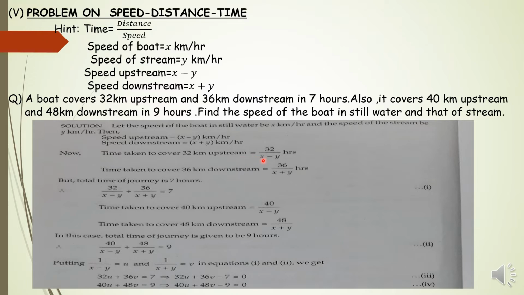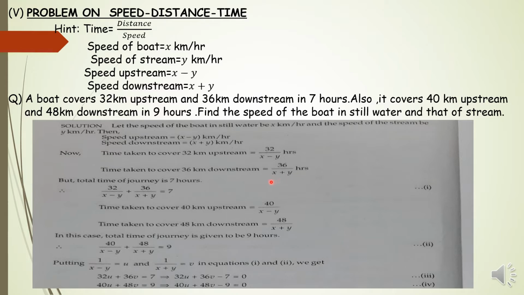Distance is 32 and speed is x minus y. So, 32 by x minus y hours. Then time taken to cover 36 kilometer downstream is equal to 36 divided by x plus y, that is distance divided by speed.